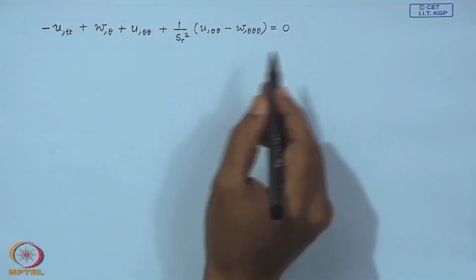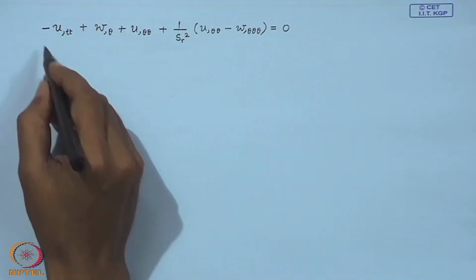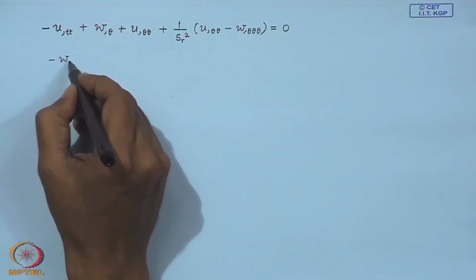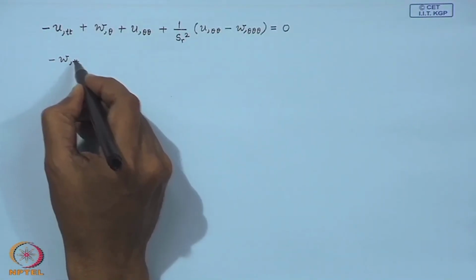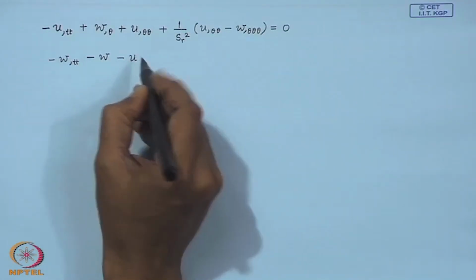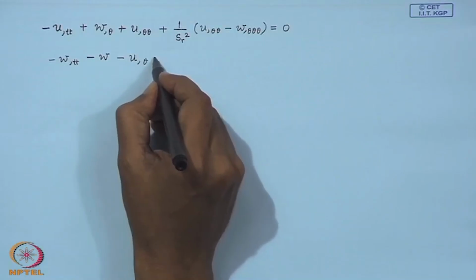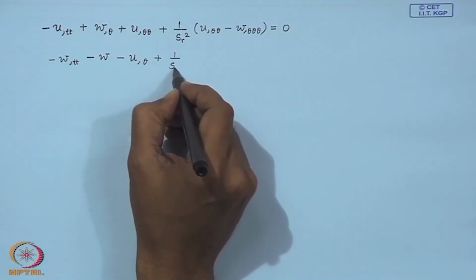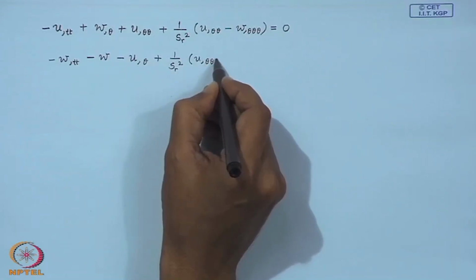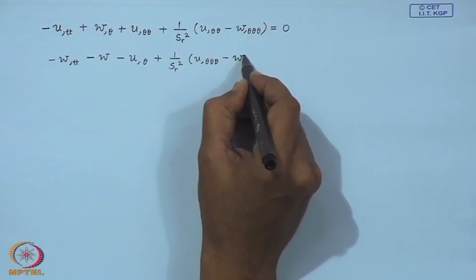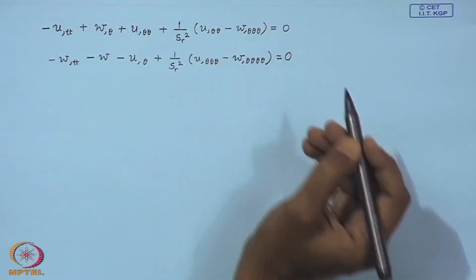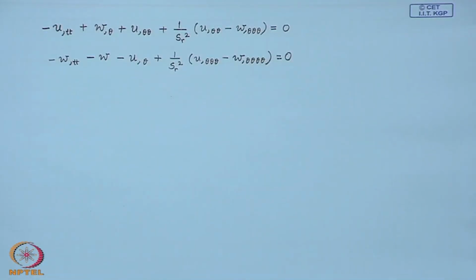So, this was the equation corresponding to u, the circumferential motion, and this corresponds to the transverse motion. We have these two equations.